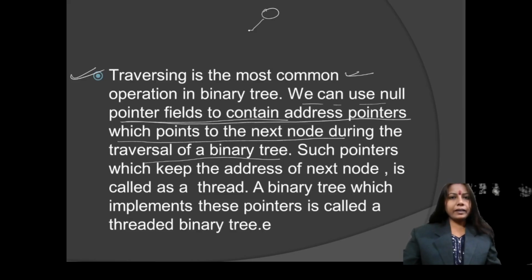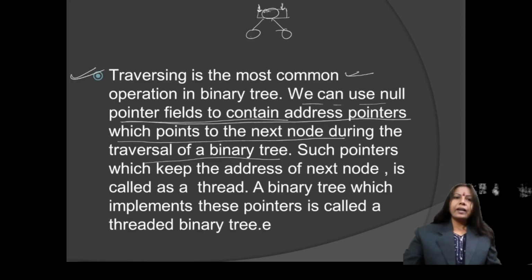We have a binary tree like this. Each node, as you know, is divided into 3 sections. This node keeps the address of your left child node, and this node keeps the address of your right child node.